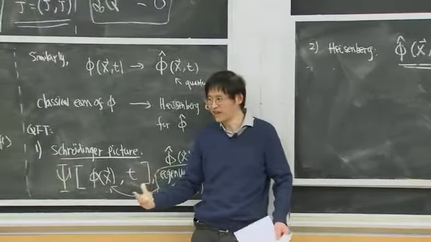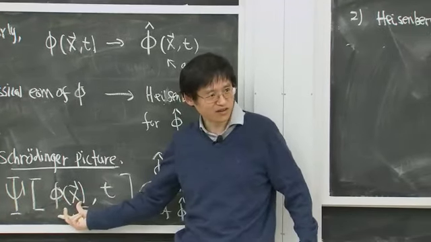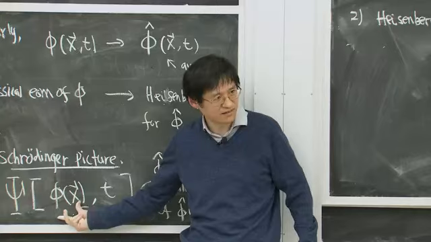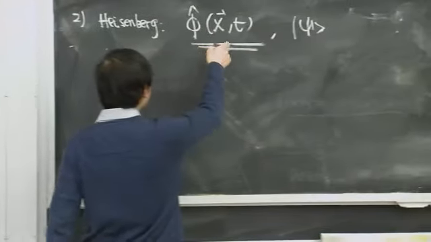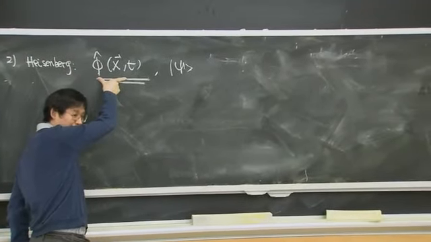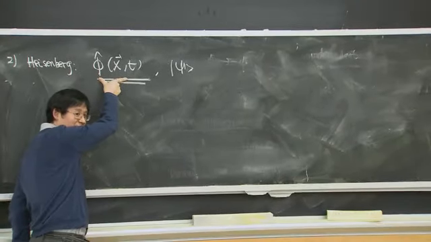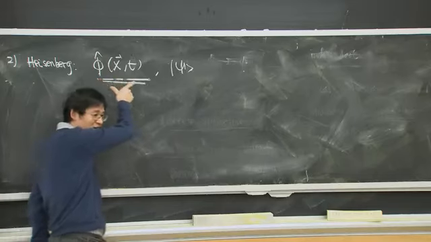And if you have multiple fields, then this is a hugely complicated thing, and you need to write down the Schrodinger equation for it, etc. But in the Heisenberg picture, we just solve the analog of the classical equation of motion, which we have already written down, and you just interpret it as a quantum operator equation. So which one do you think is simpler?